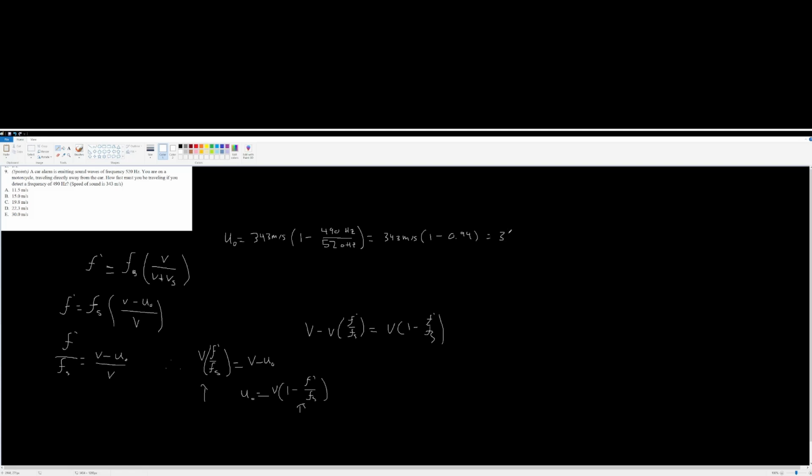This is 343 meters per second, all times 0.06. And this is going to equal roughly 19.8 meters per second. And that is answer choice. Well, it equals, in this case, around this number actually, 0.06, when you multiply that by 343.